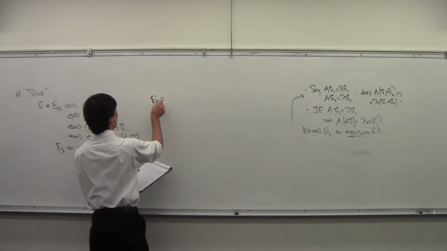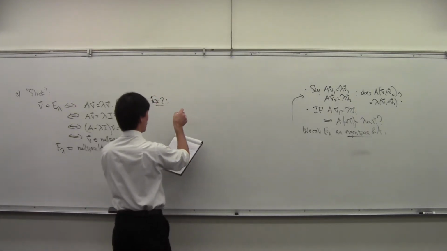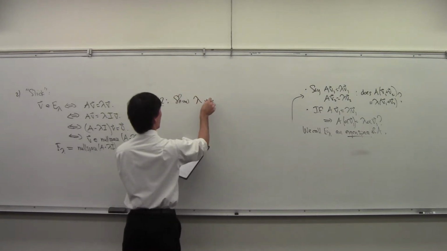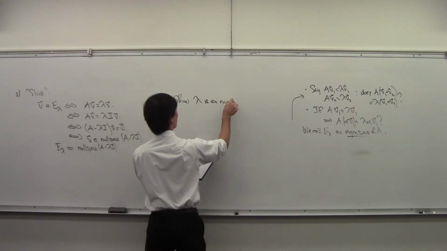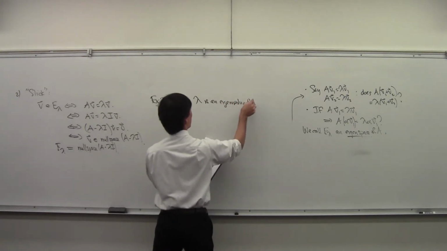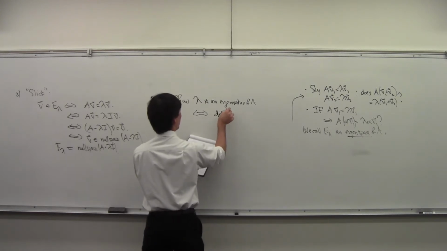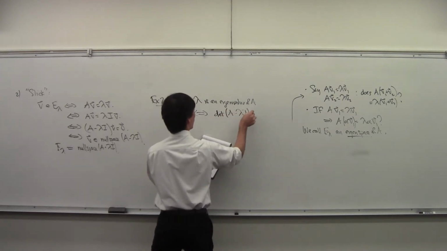Okay. Exercise 2: show that lambda is an eigenvalue of A if and only if the determinant of A minus lambda I equals 0.